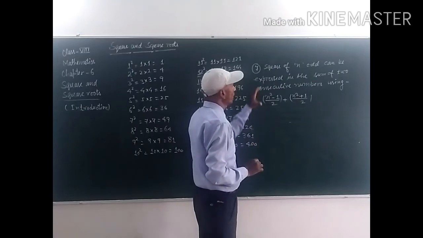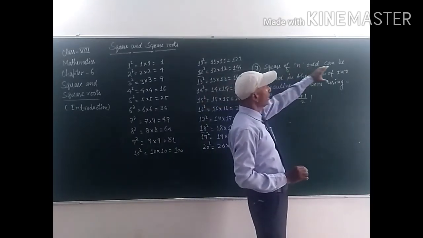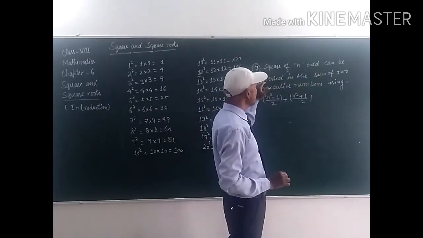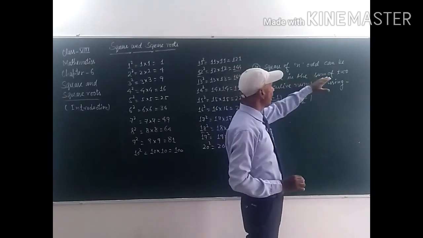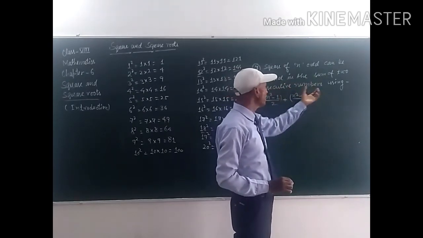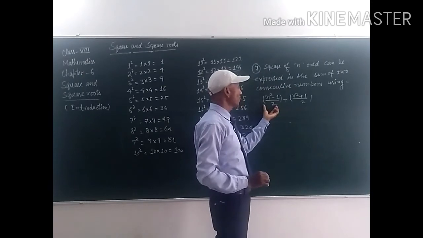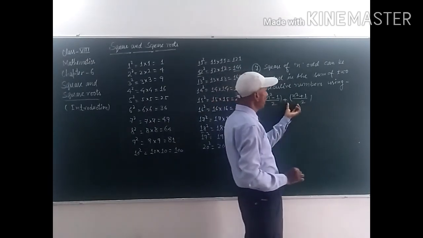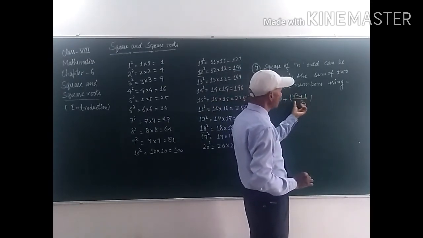Clear, student? The square of an odd number n can be expressed as the sum of two consecutive numbers using n square minus 1 by 2 plus n square plus 1 by 2.